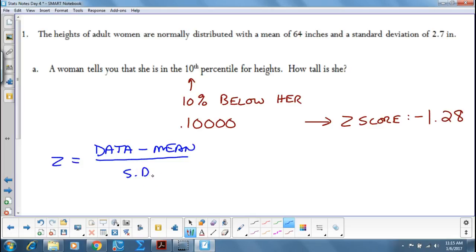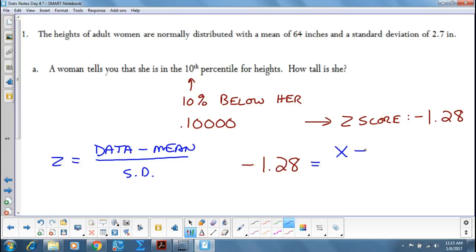Okay, so my z-score was negative 1.28. Do I know what the data is? Do I know how tall this woman is? No, that's what we're looking for. So that's going to be X, or some letter that you want. I don't care. You could leave it as data, too, for all that I care.